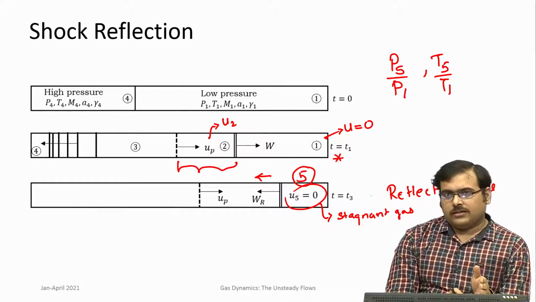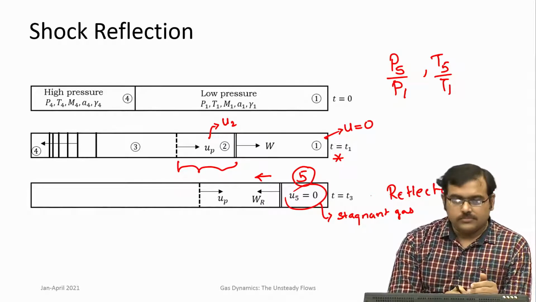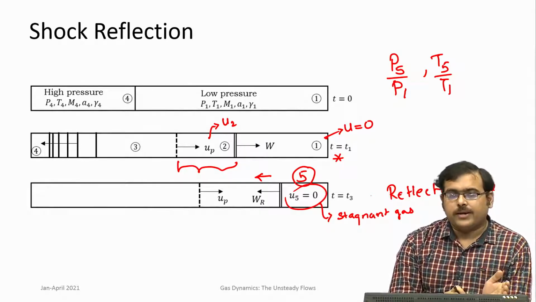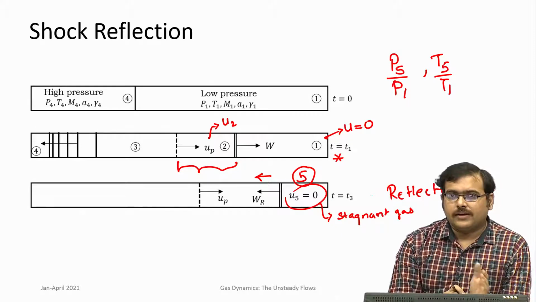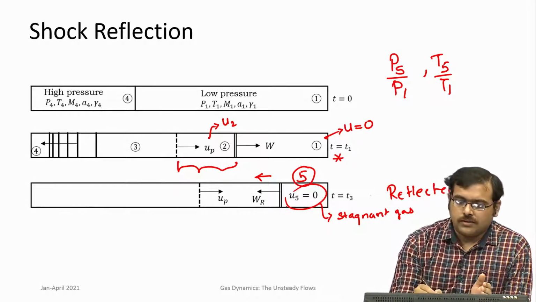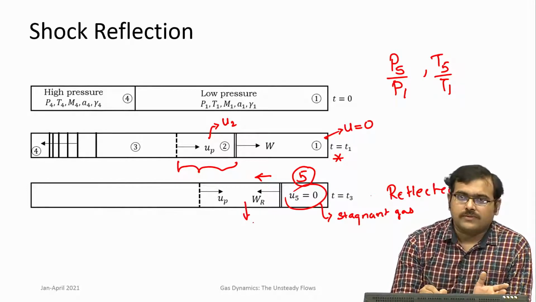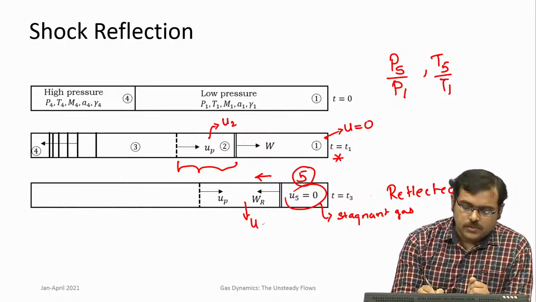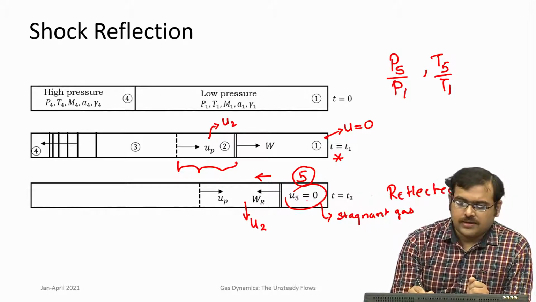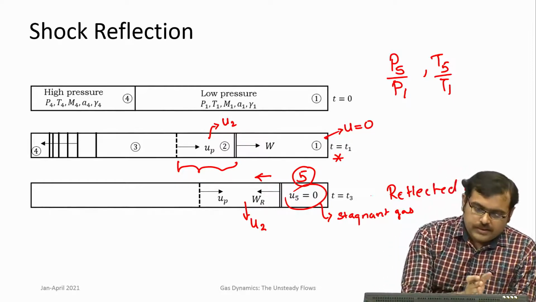Further on, the shock wave goes and hits the end wall and gets reflected back. The condition at that reflection is that the shock should process the gas, that is, the bulk motion of gas that is coming towards it with the velocity u2 is converted to stagnant gas, or u5 is equal to 0.